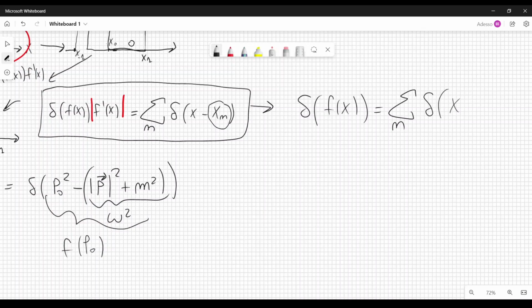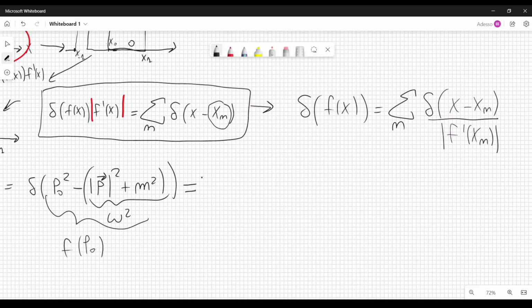We have delta of x minus x sub n divided by the absolute value of f prime of x sub n. So we can evaluate this magnitude at the point x sub n because it is multiplied by the Dirac delta, and it is a simple property of the Dirac delta.